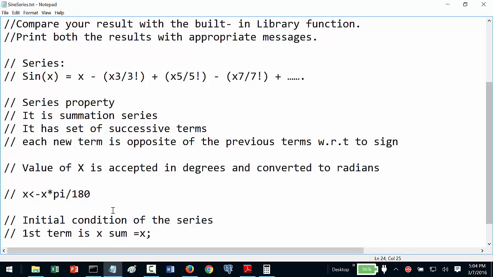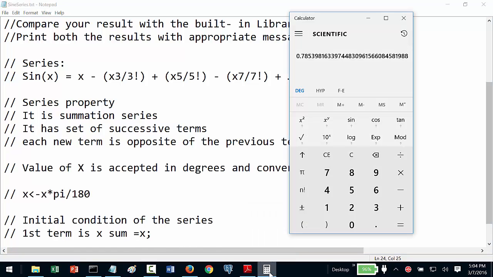Now if I stop at sum equal to x, for example with 45 degrees converted into radians, I get 0.7853. If I stop my sine series here, with respect to the built-in function, it will have a lot of error. I mean, accuracy will be less.